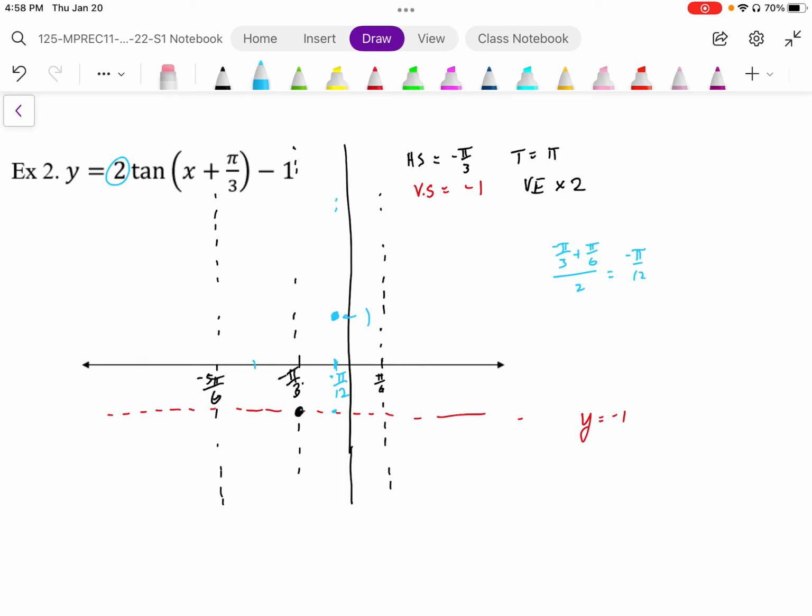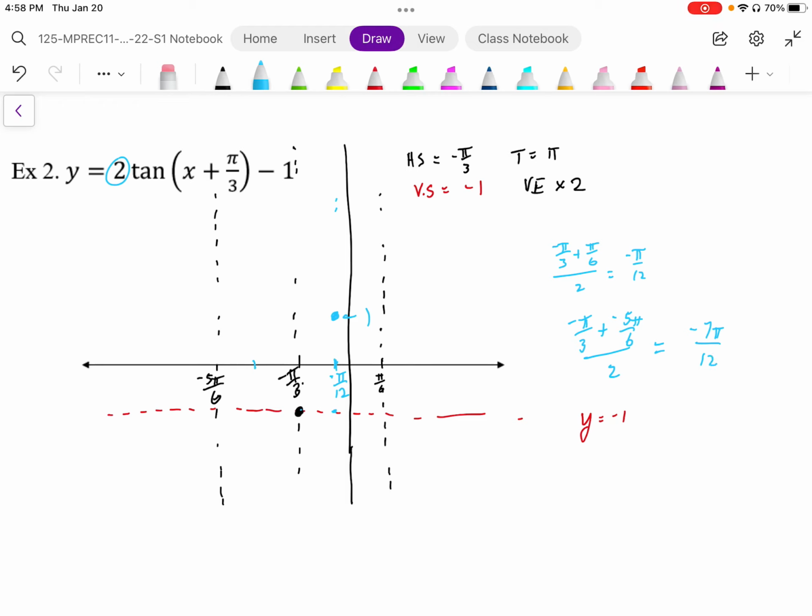And I can also find the point here. Okay, and I'm going to find that by taking the middle, or the average, of negative pi over 3 and negative 5 pi over 6, divided by 2. So that's going to be negative 2 pi over 6 plus negative 5 pi over 6. That's negative 7 pi over 6 divided by 2 gives me negative 7 pi over 12.